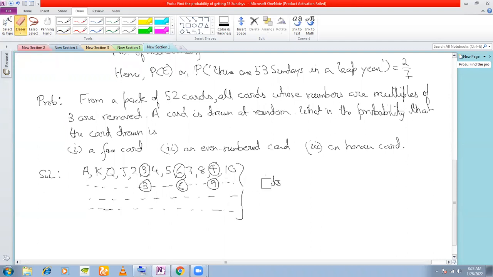Let's name each of the suits: this is my hearts, this my diamonds, this my clubs, and this my spades. From each one, I am removing multiples of 3. So I've removed all this.